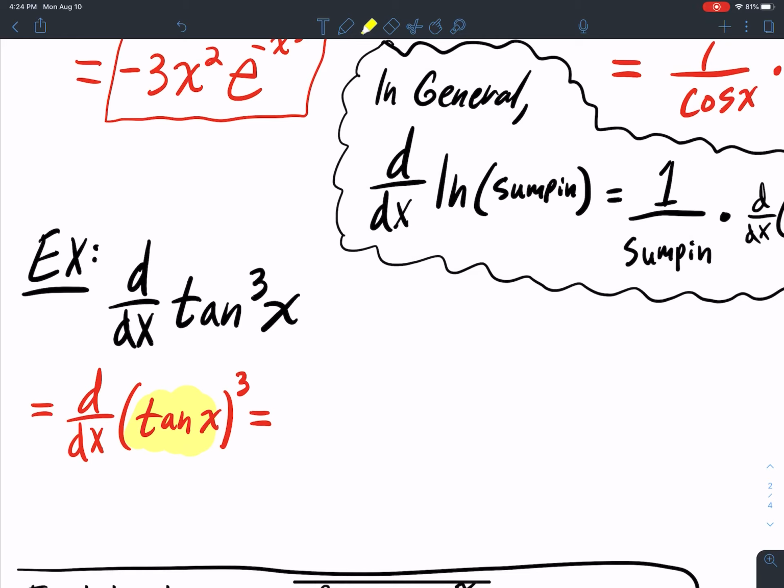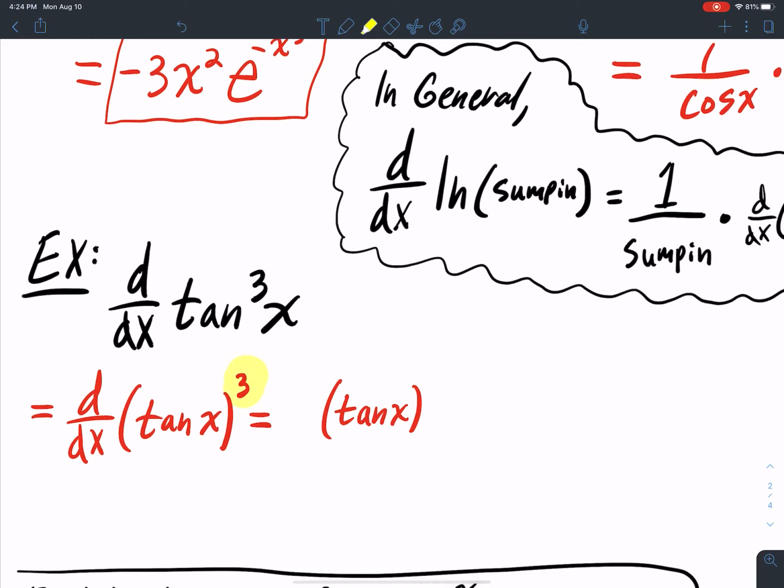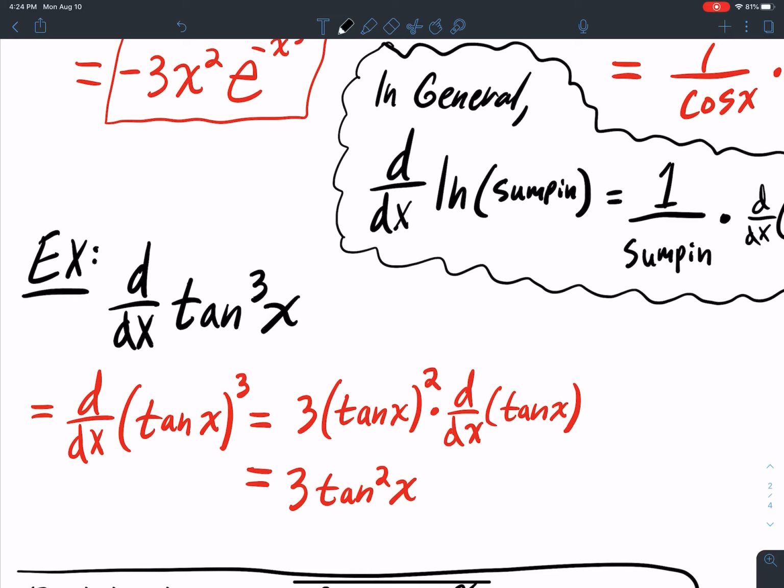The derivative of something cubed, power rule: bring the 3 out front, and then subtract 1 from the exponent. Then I take the derivative of the something, the inside function. So this becomes 3 tangent squared, and the derivative of tangent is secant squared. Just like that.